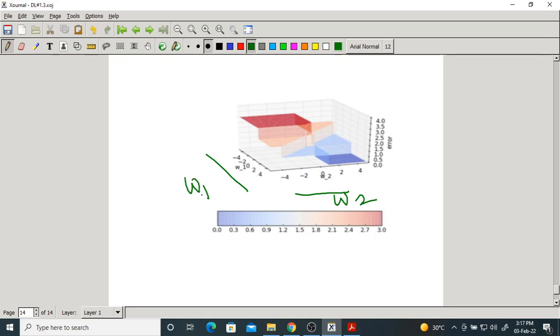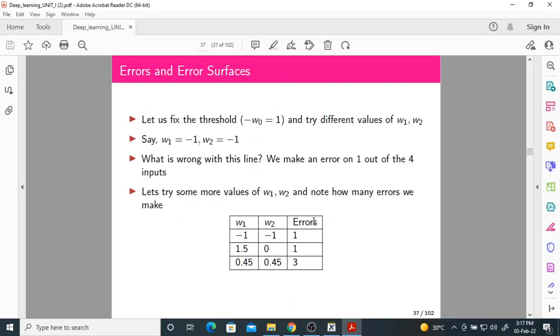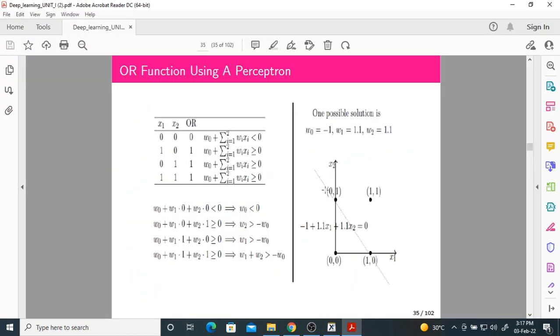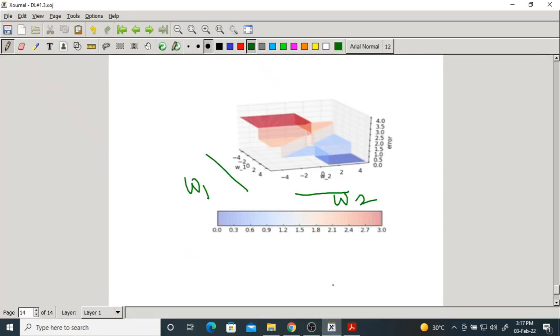This is also -4 to 4. So in our example, whenever W1 is 1.1 and W2 is 1.1, we are getting 0 errors. It is classifying the points correctly. The classification is proper. Classification means dividing the points. So in this example, (1.1, 1.1) may be somewhere here.